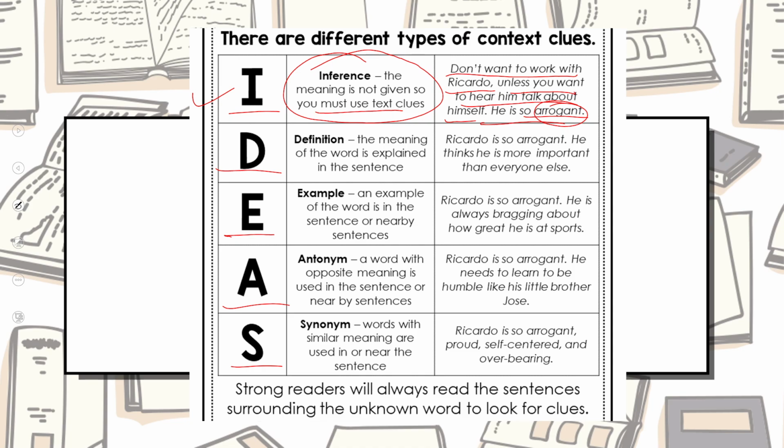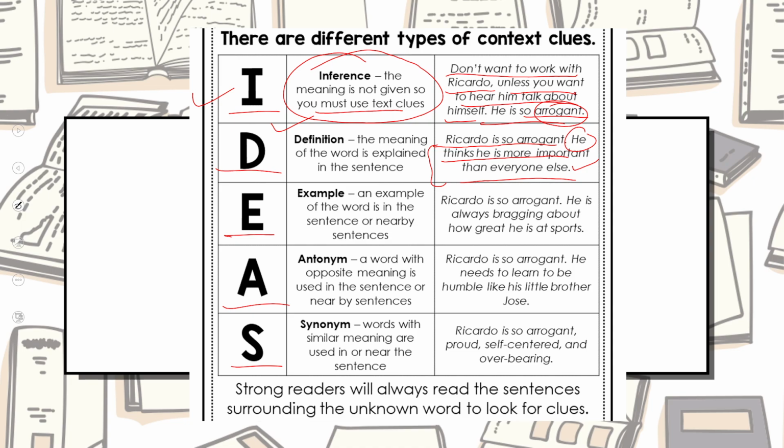Okay, now let's look at this definition context clue. Ricardo is so arrogant, he thinks he's more important than anyone else. Now here, by this definition, thinking he is more important than everyone else, this is telling us that somebody who thinks that they know much more than others is called arrogant.